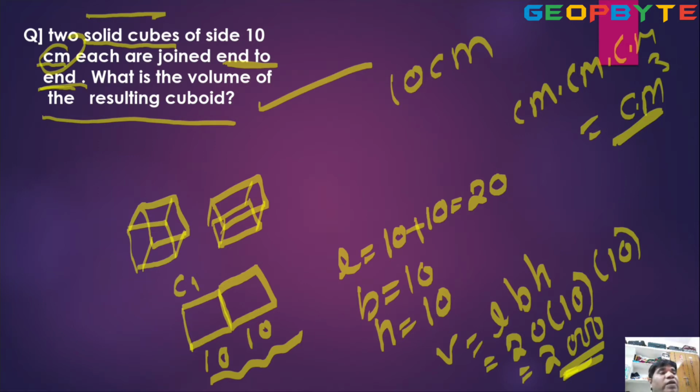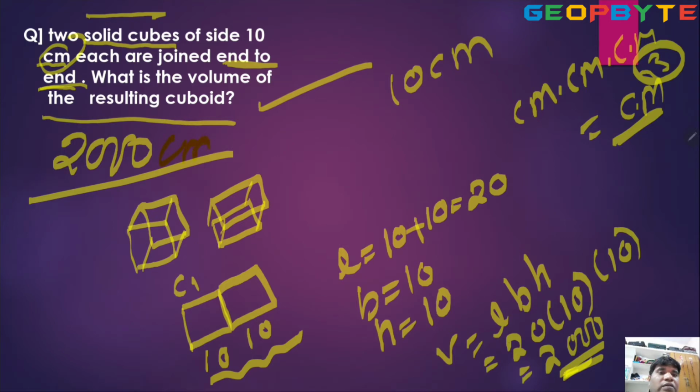Cubic means 3 times you are multiplying. So now what is your answer? 2000 centimeter cube. Got it? Next.